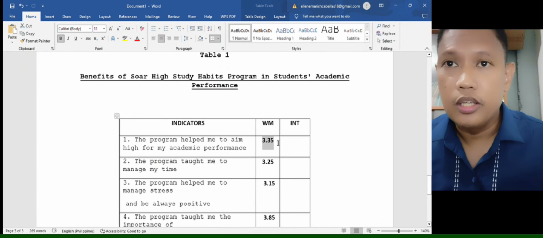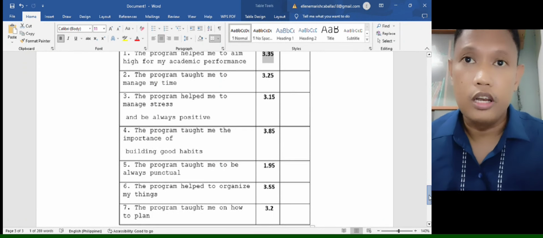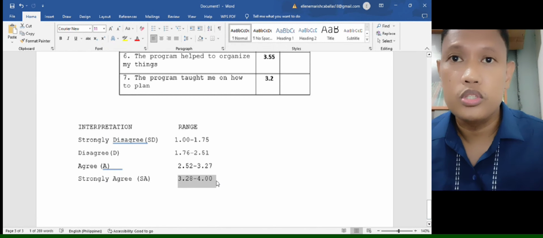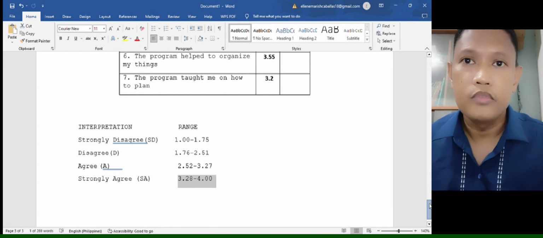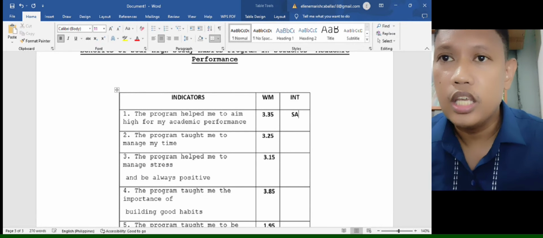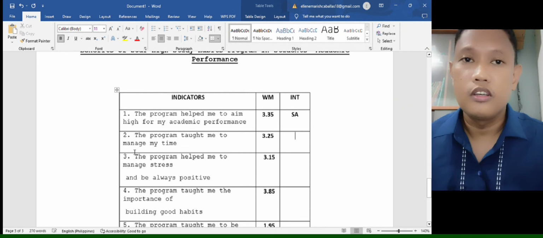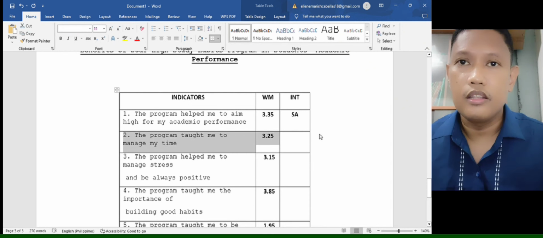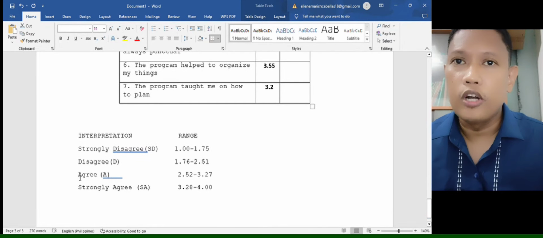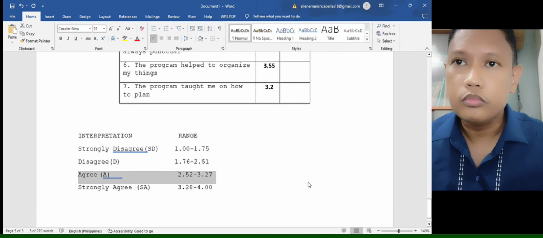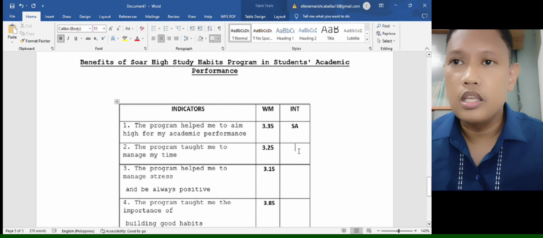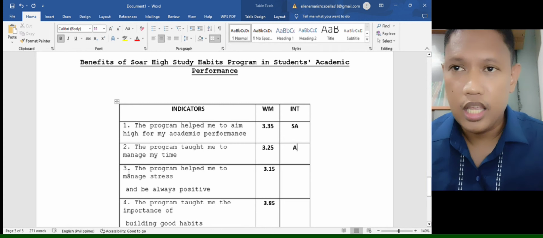And for the interpretation, this is the one that we calculated earlier. The weighted mean is the one that we got using Excel earlier. So 3.35 falls here, strongly agree. Right? Okay, strongly agree for item number 1. And for item number 2, 3.25 is this one, agree.